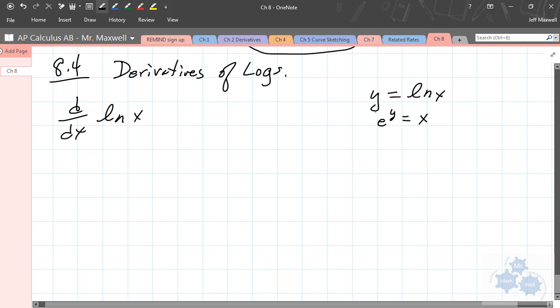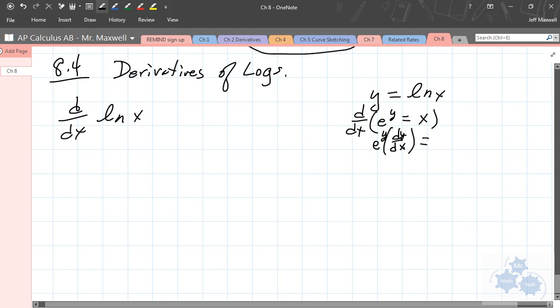If I take d over dx, what's the derivative of e to the y? e to the y times what? Yes, because it's with respect to x, times y prime, or I guess I'm using Leibniz, dy dx. So that's chain rule, good.